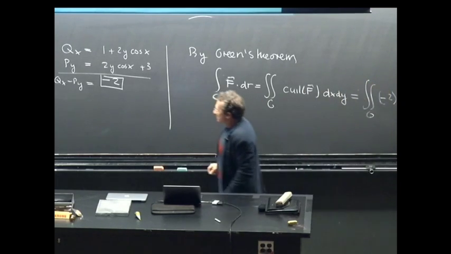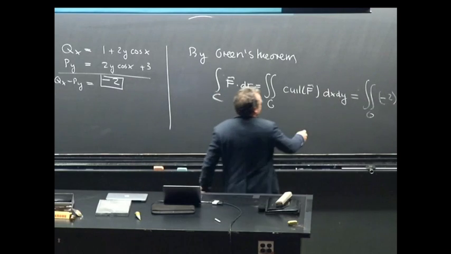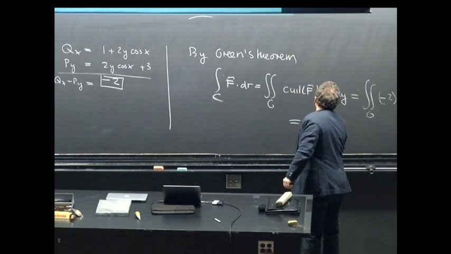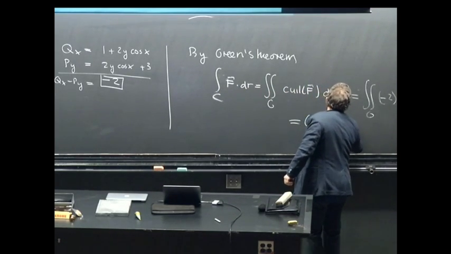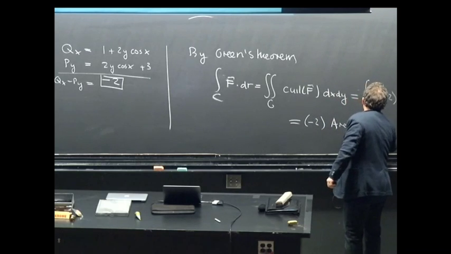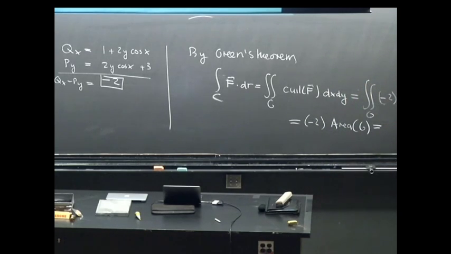And if we integrate minus 2, we can take it out. That's just minus 2 times the area of G, which is in this case 5. So it's minus 2 times 5. It's minus 10.